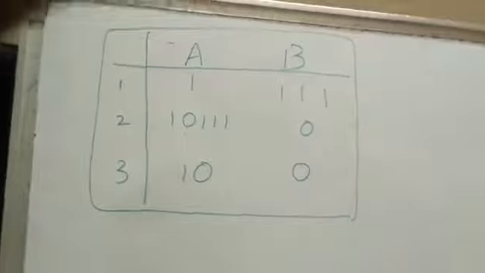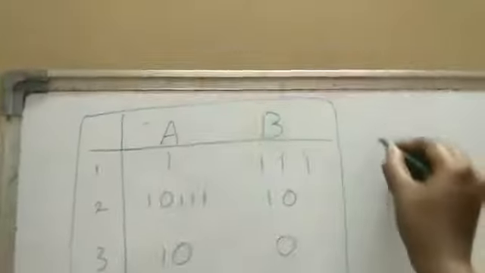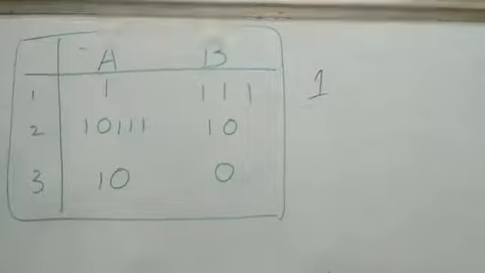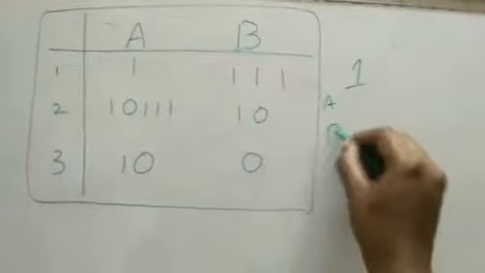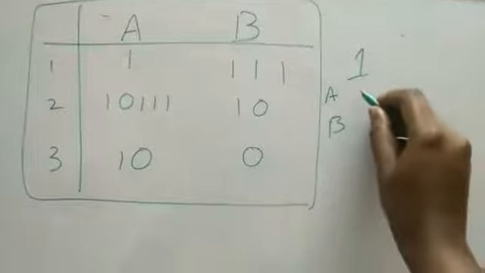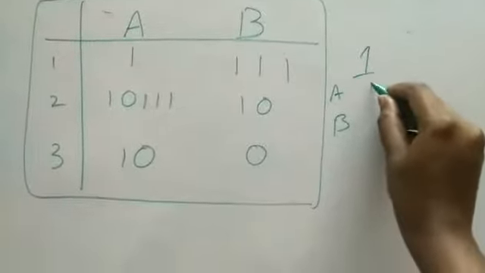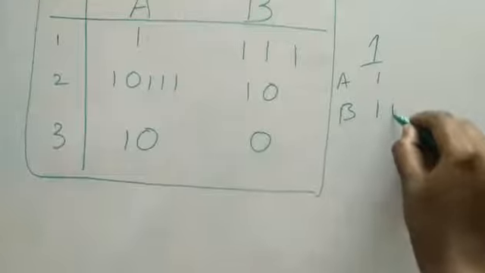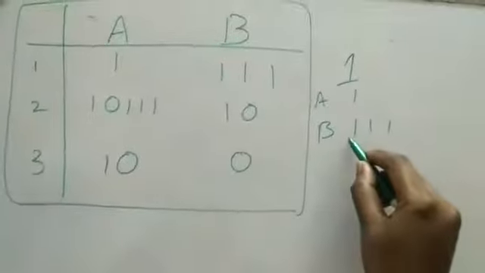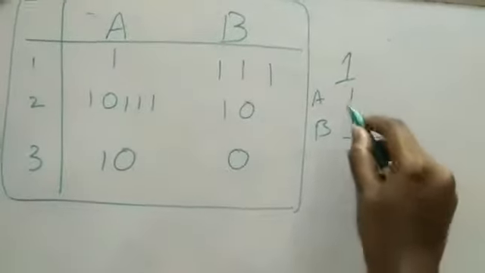Suppose you have started with 1, what will happen? We will see. Suppose the solution I am finding starts with A. From A, if I have taken 1, then for 1, A1 I have to write and B1 I have to write. A1 is 1 and B1 is triple 1. So now this is length 3 and this is length 1. So these two are matched.